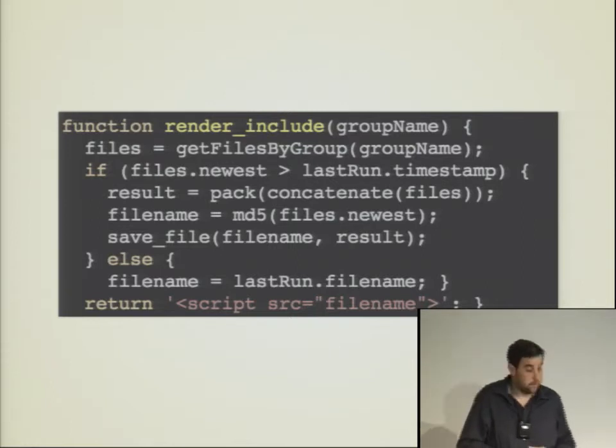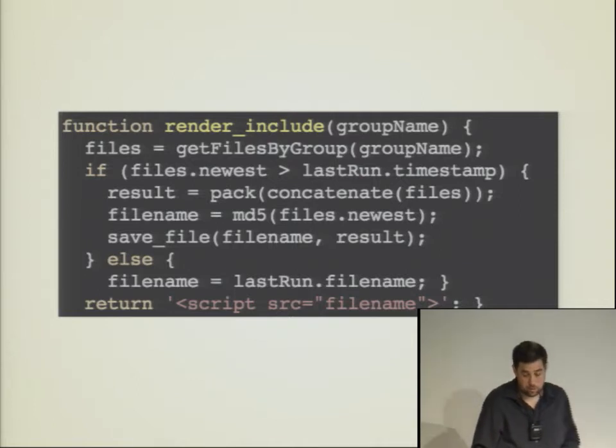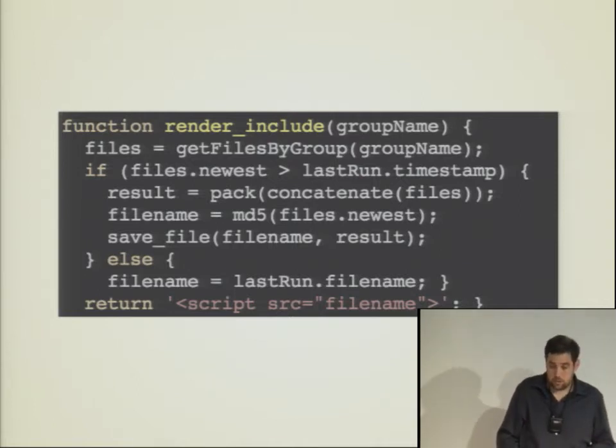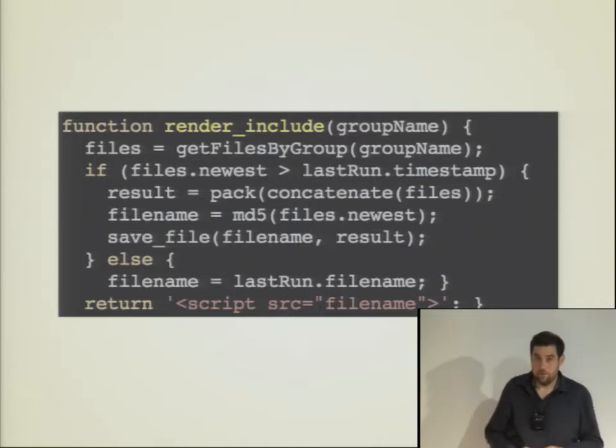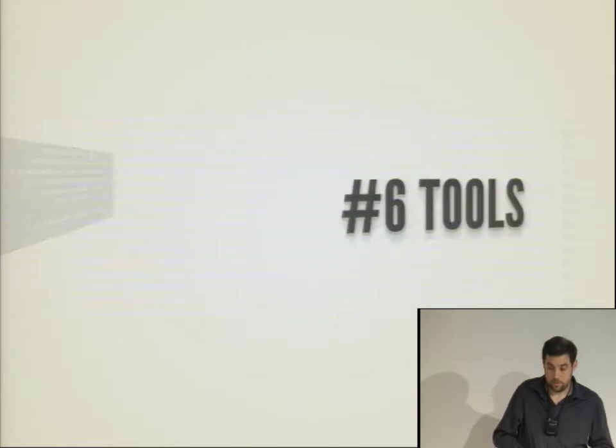And it only returns the script include tags with this file name. So yeah, like this we can always be sure that the browser cache of our user is up to date.